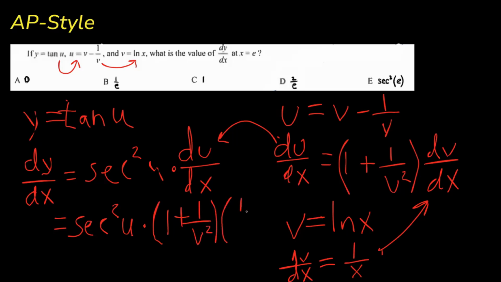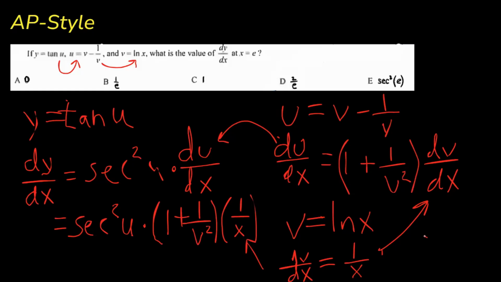times 1 over x. Now, if x is equal to e, we could substitute that in for the 1 over x. But the problem is the other two factors are in terms of v and u.